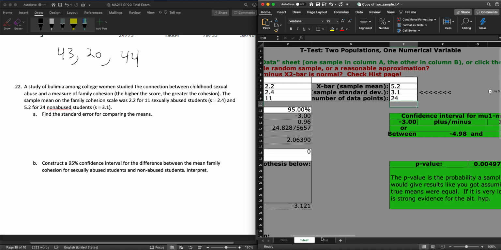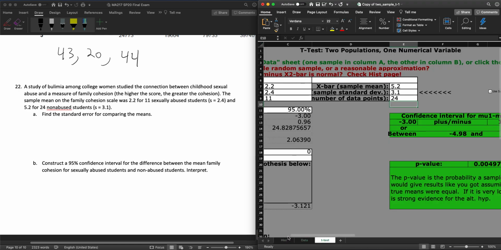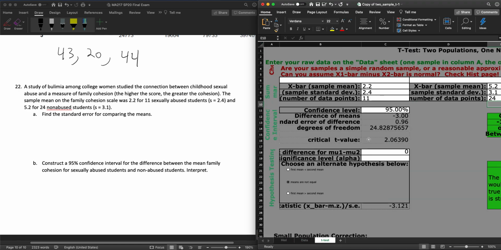And we could see in this template that we have a standard error right here of 0.96. We want this to 4 digits though, so let me not round that as much. So that's 0.9613.